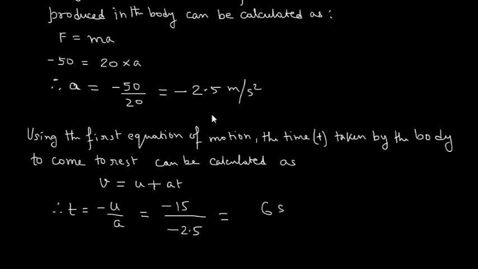Now, using the first equation of motion, the time t taken by the body to come to rest can be calculated. v is equal to u plus at. Therefore, t is equal to minus u by a, which is equal to minus 15 by minus 2.5, that is 6 seconds.